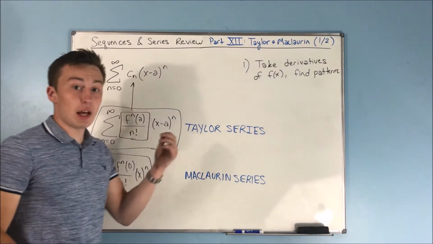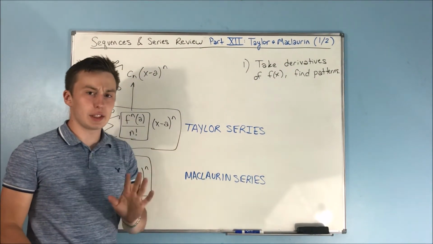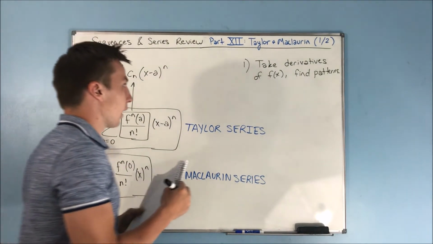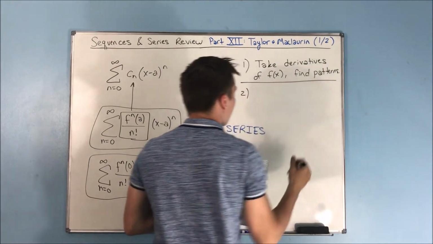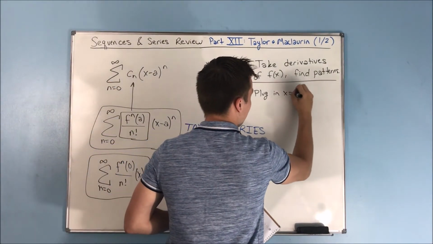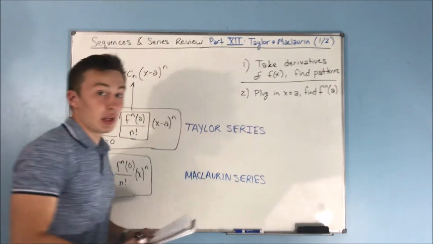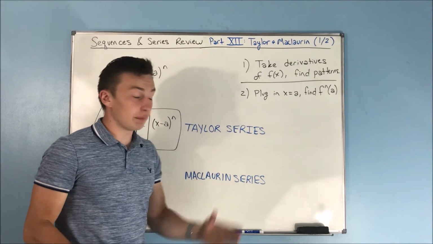We wanted to find the nth derivative of f at x and write that down, and you'll see that in just a second when we do an example. The second step was to plug in x equals a and find the nth derivative of f at a.